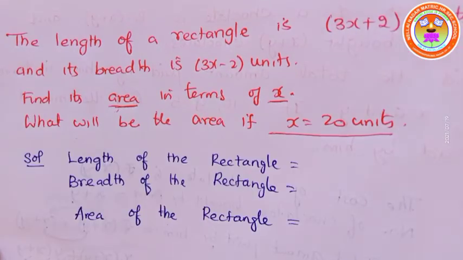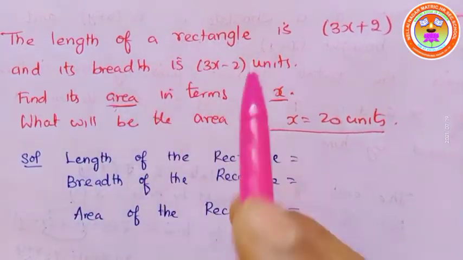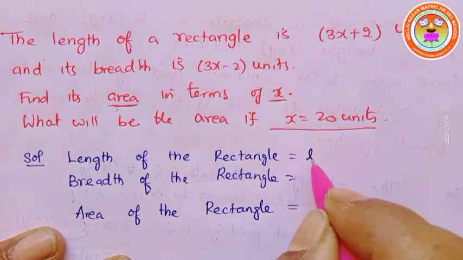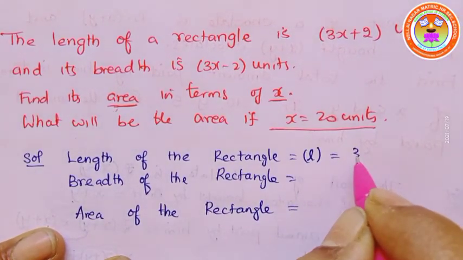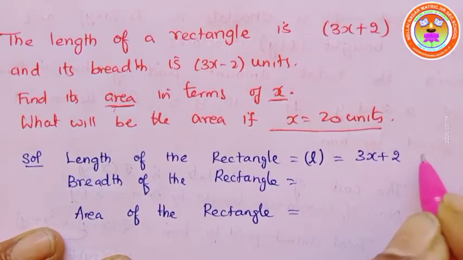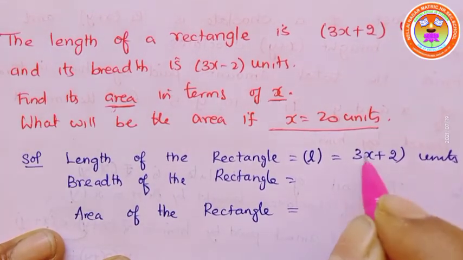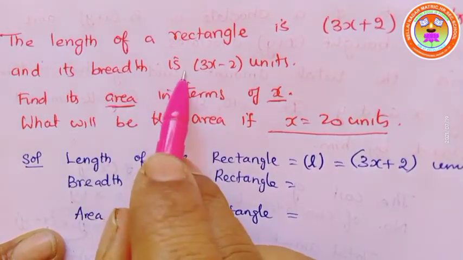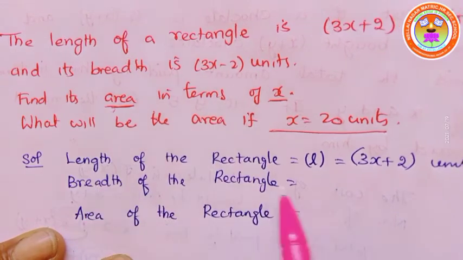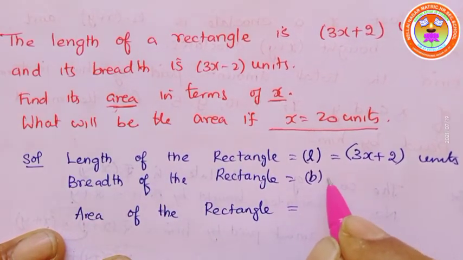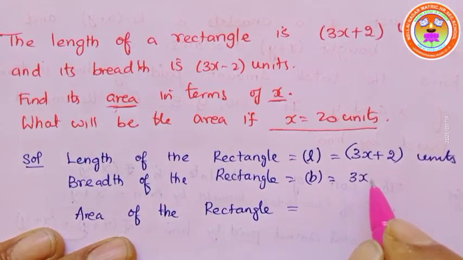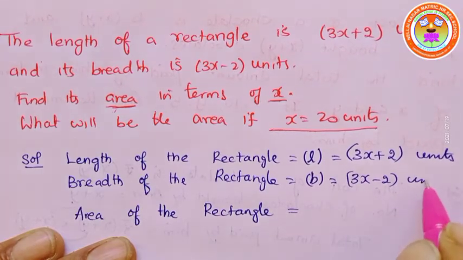Solution. So what is given, children? The length of the rectangle, L, is equal to 3x plus 2 units. Next, breadth is given as 3x minus 2 units, so I can take breadth as b. b is equal to 3x minus 2 units.